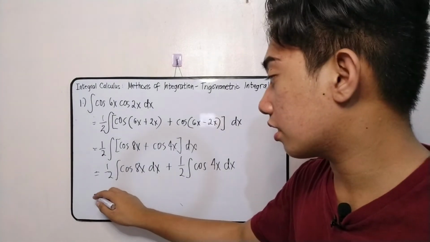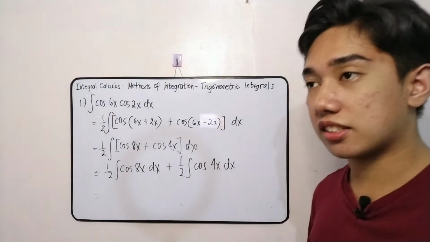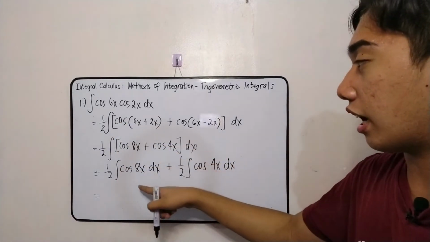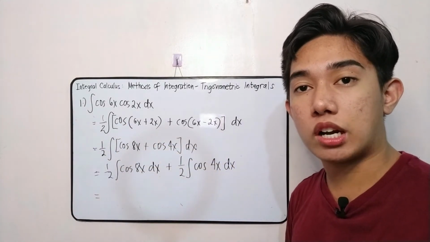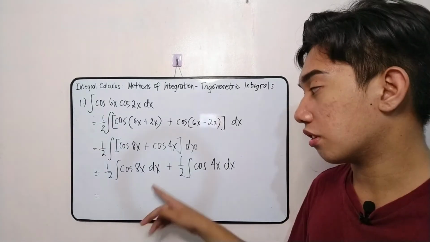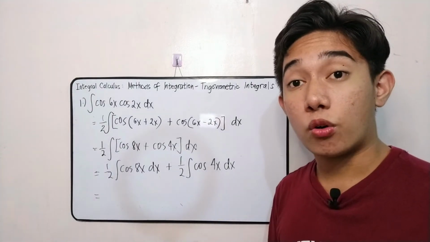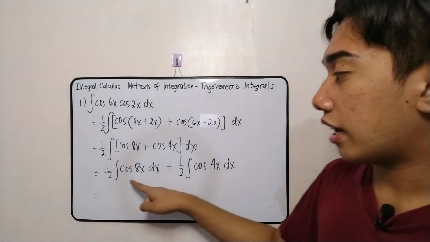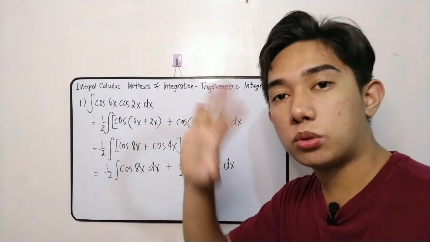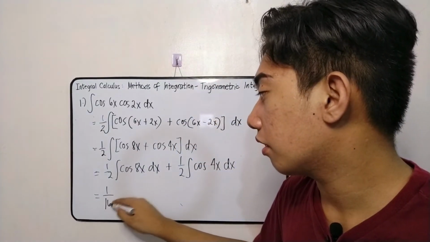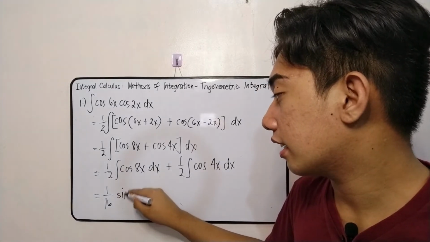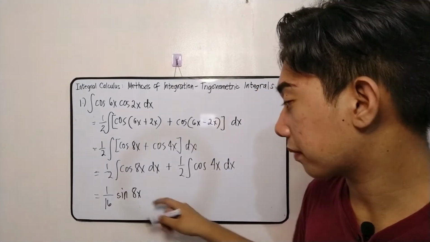For the basics, let u be 8x. Then du is 8 dx, and since only dx is there, 1/8 du equals dx. Then we multiply by the constant and integrate, so the constant will be 1/16 sine 8x.